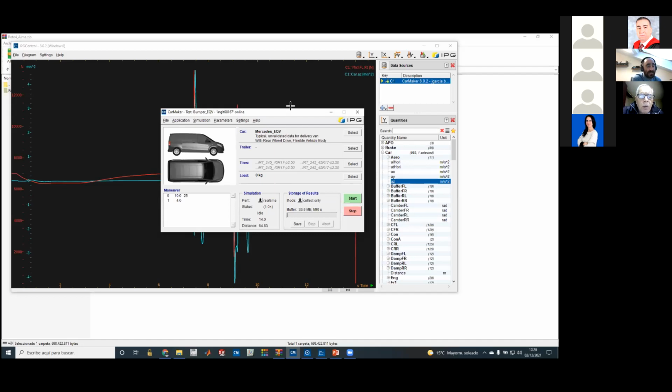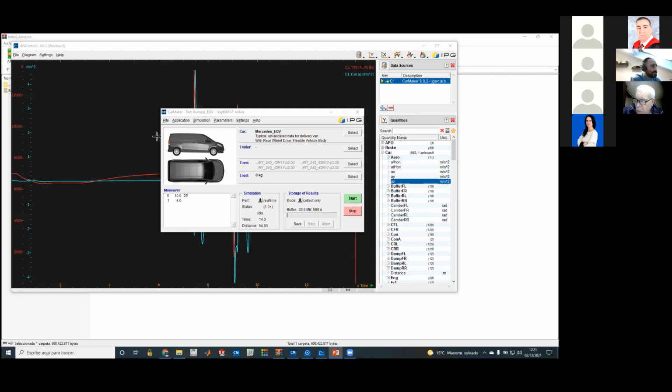CarMaker is a parametric software. What does it mean? It means that I can just give values to the parameters defining the car. Here we have a lumped parameter system, a system characterized by properties that we can translate into a parameterized software such as CarMaker.